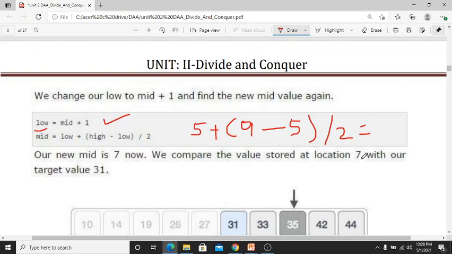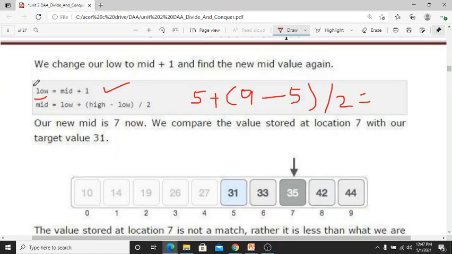So what will be the answer now? Here in the second step, we just need to change the formula. This formula will work the first time on a simple array.